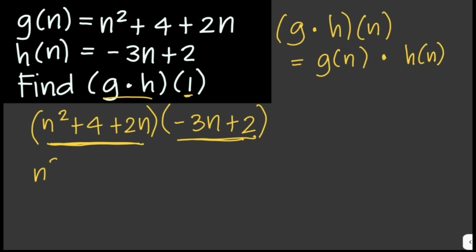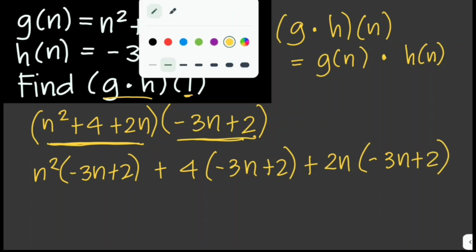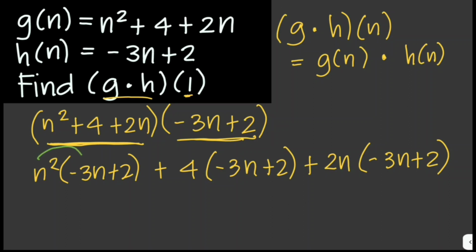So n squared multiplied by negative 3n plus 2 plus 4 times negative 3n plus 2 plus 2n times negative 3n plus 2. So we distribute n squared here. So that would be n squared times negative 3n.